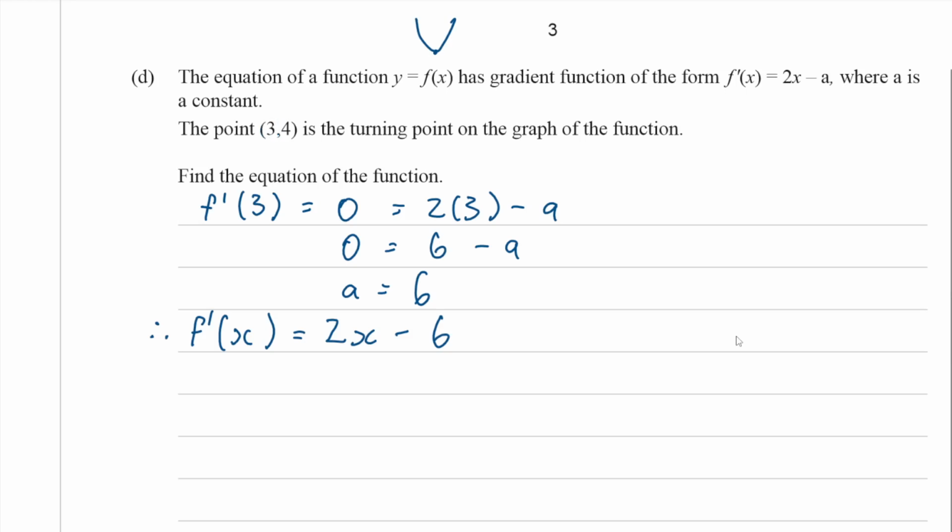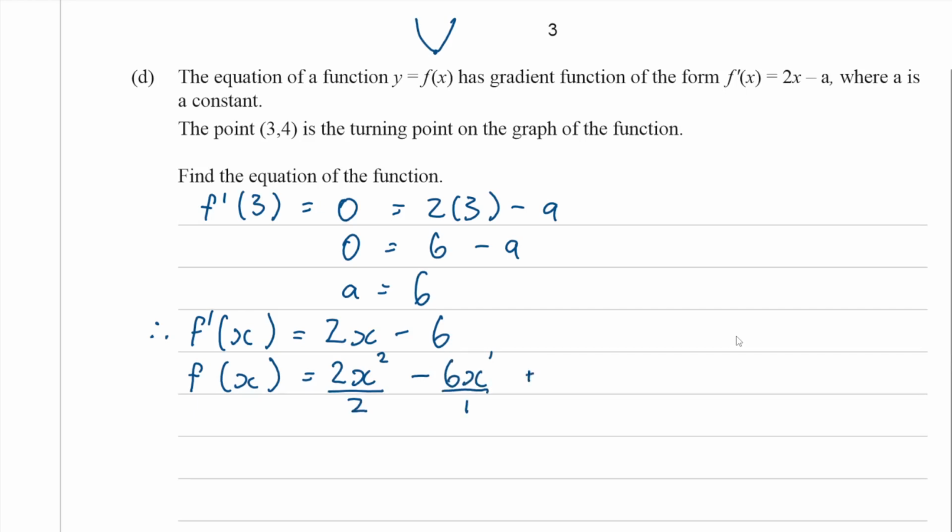Alright, so have we found the equation of the function? No, we found the equation of the gradient function. But that's still helpful, because when we anti-differentiate, we get 2x to the power of 2 divided by 2 minus 6x to the power of 1 divided by 1.